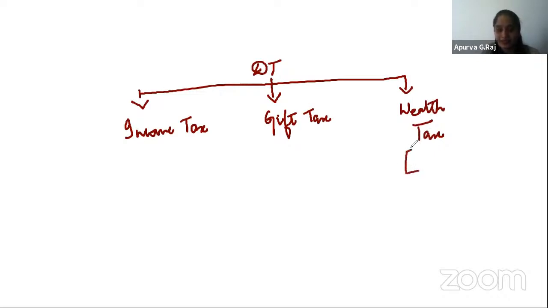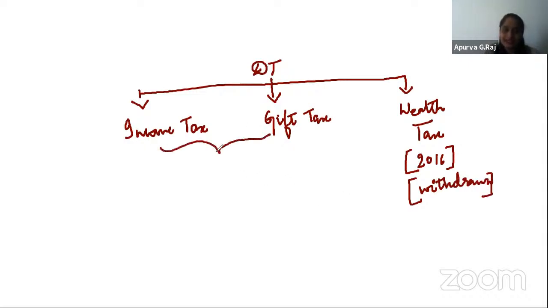At present, in the budget 2016, wealth tax has been withdrawn. So you have only two direct taxes. One is income tax, and the next thing is gift tax. So we will be concentrating on income tax as well as on gift tax.